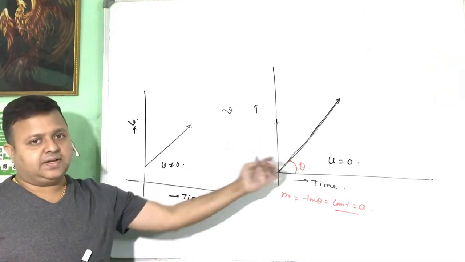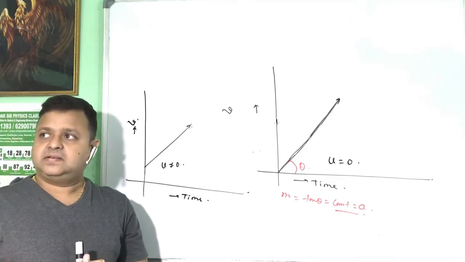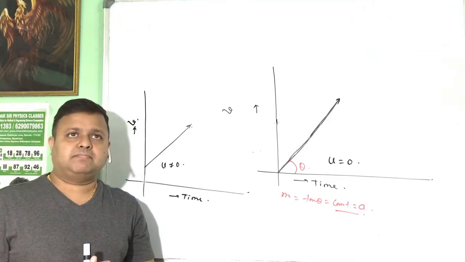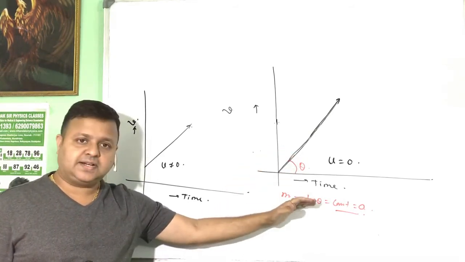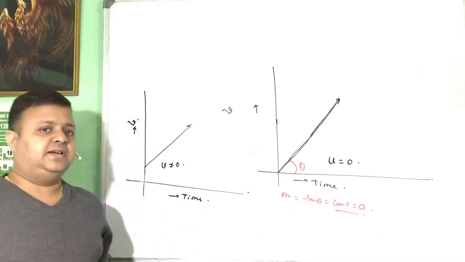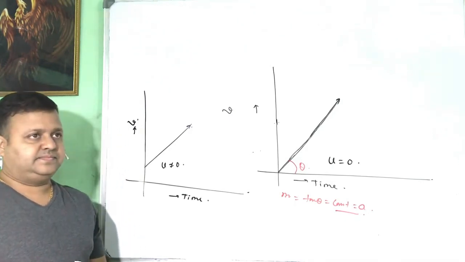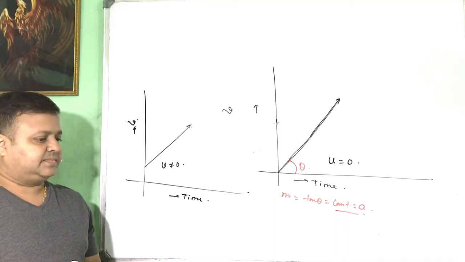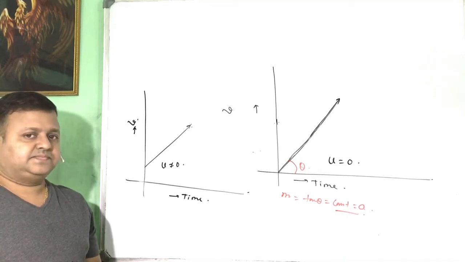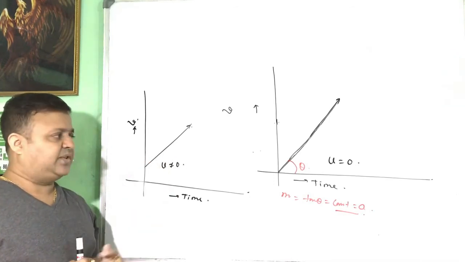Here theta is constant, that is, the slope is constant, that is, the acceleration is constant, because the slope of the velocity-time curve gives the acceleration.